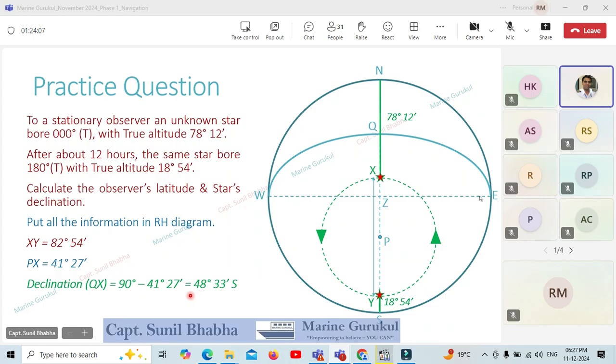So QX, which is the declination of the star, is equal to 48 33. And we can see in the diagram that the star is south of the equinoctial, so the declination is south. 48 33 south. So this was one of the items which was required. The star's declination has been obtained as 48 33 south.